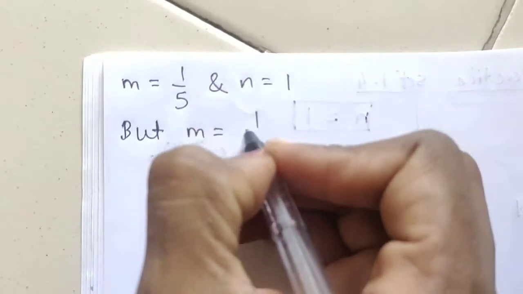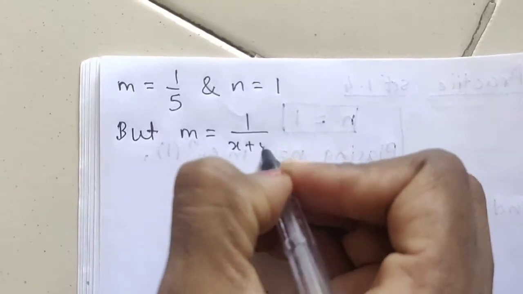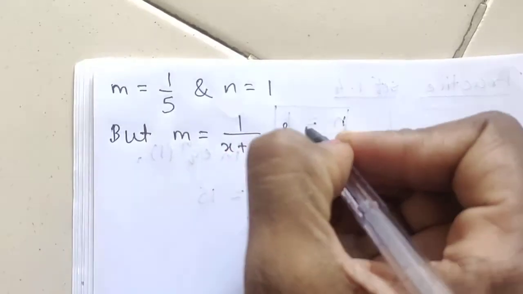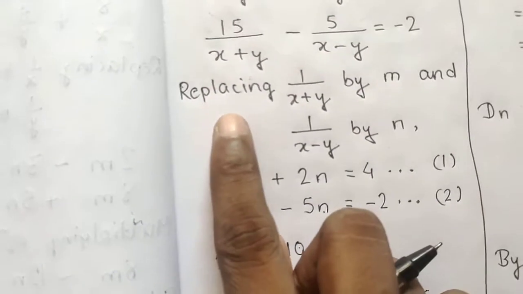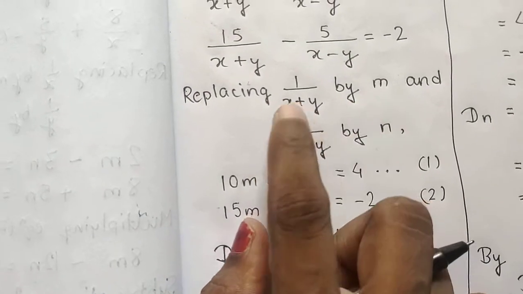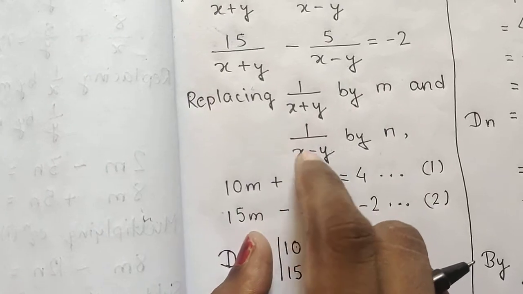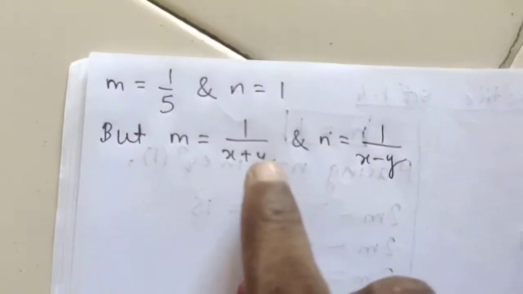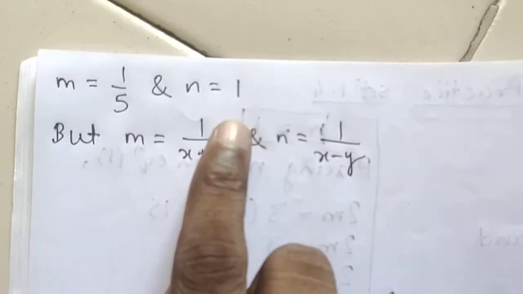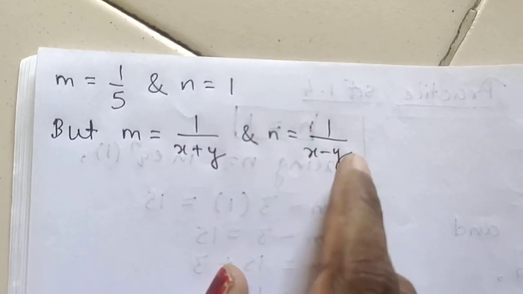Your m is basically 1 upon x plus y, and your n is 1 upon x minus y, which you can see here. We have replaced 1 upon x plus y by m. So that means 1 upon x plus y is your m, and 1 upon x minus y is your n. So that is what I have written here. M value is basically 1 upon x plus y, and n value is basically 1 upon x minus y.